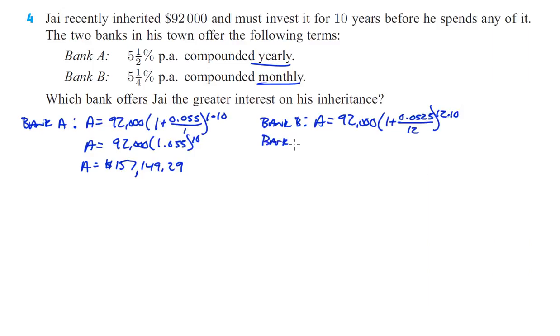Bank B is going to equal, gosh, I butchered that. Bank B, there we go. A equals 92,000 times, let's just leave this, 1 plus 0.0525 divided by 12, and then 12 times 10 is 120.